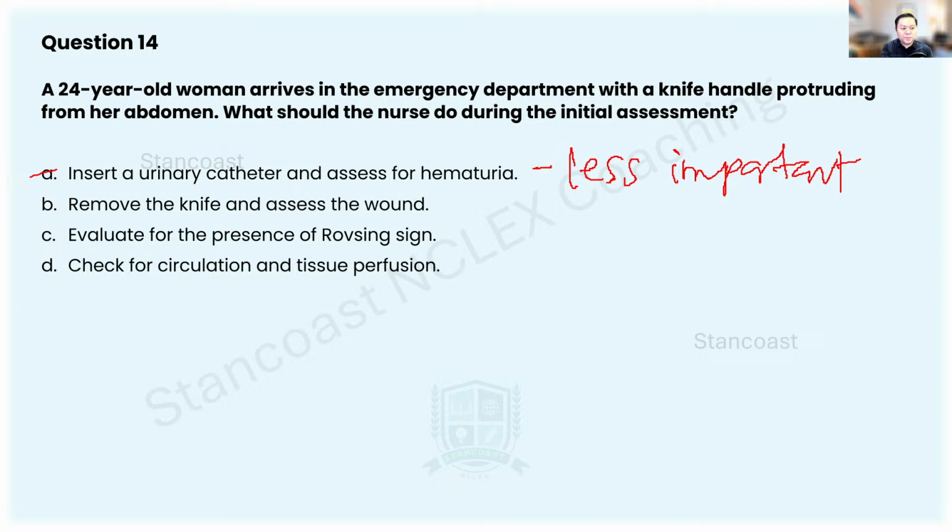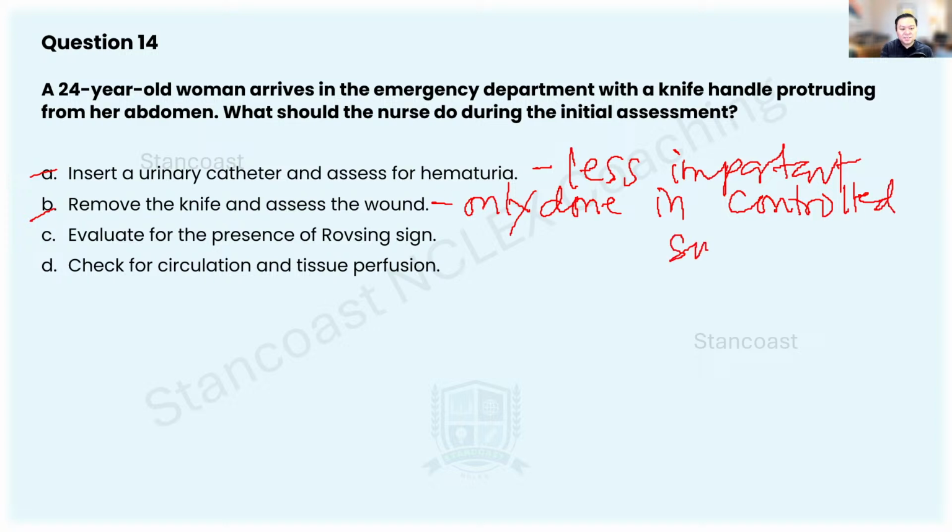What about letter B? Remove the knife and assess the wound. Are you supposed to remove the knife? Never. You're not supposed to remove the knife because it should only be done in a controlled surgical setting.